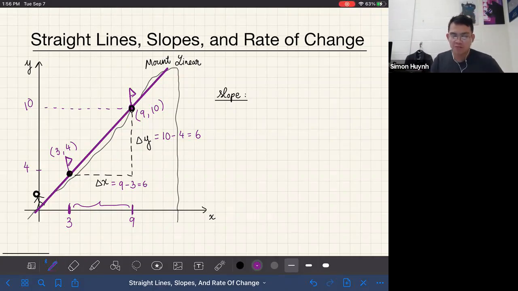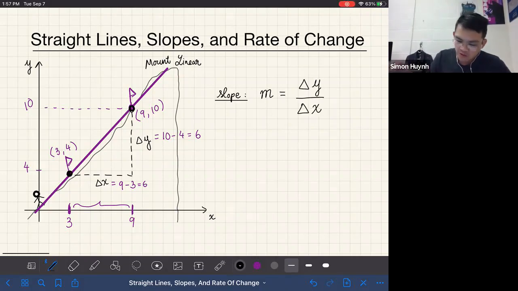So the slope of this function is calculated as follows. We use the letter m to denote the slope, which is the change in the vertical direction divided by the change in the horizontal direction. So if you want to put a formula to this, we can say this is y2 minus y1 divided by x2 minus x1.